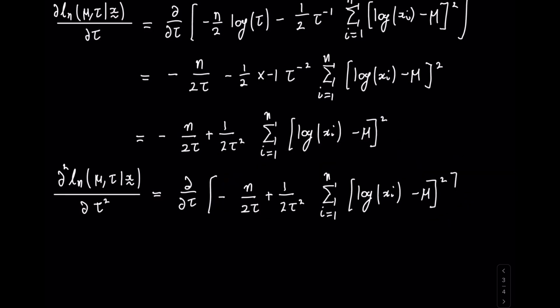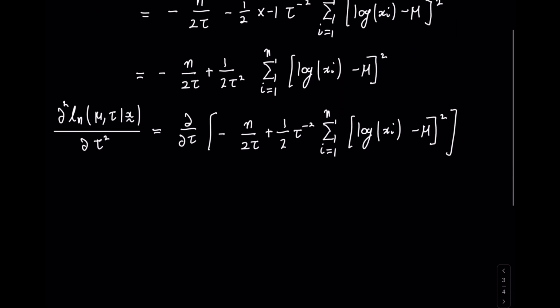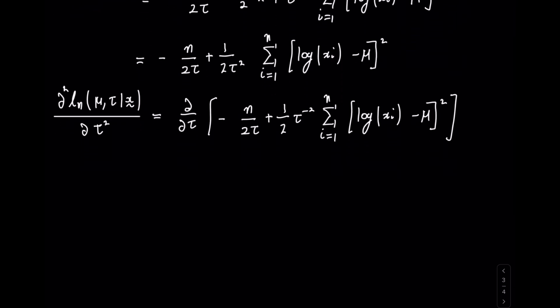The only distinction is now I'm going to go back to the original formulation I had, and I'm going to write that 1/2 on tau squared as tau to the -2 again, just so I can take this derivative. And also the front term I'm going to replace as n times tau to the -1. So that 1 on tau here becomes tau to the -1, again, for simplicity.